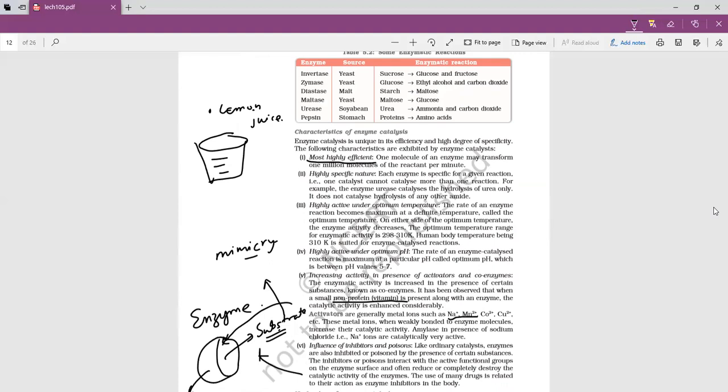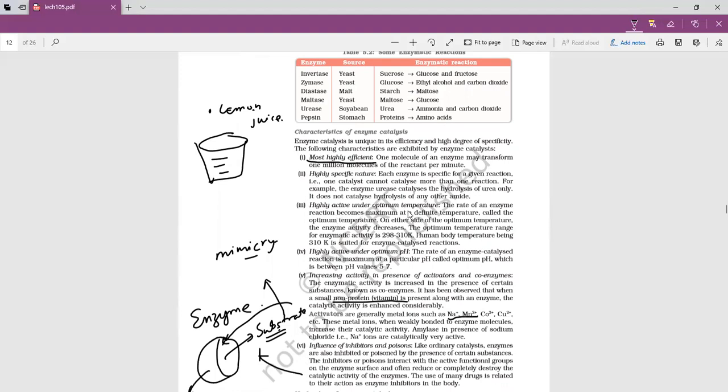They are highly specific because one enzyme can work on only one type of substrate, not on all other types of substrate. They work at optimum temperature because if temperature increases, the protein will coagulate. The structure of protein will undergo denaturation. As a result, the activity of the enzyme will decrease.